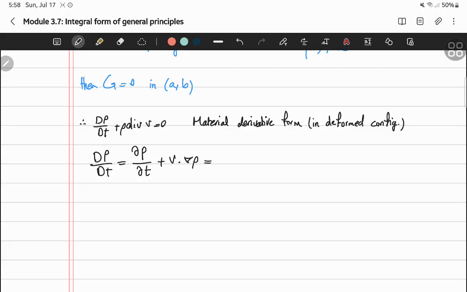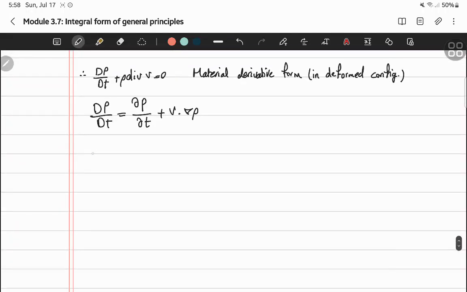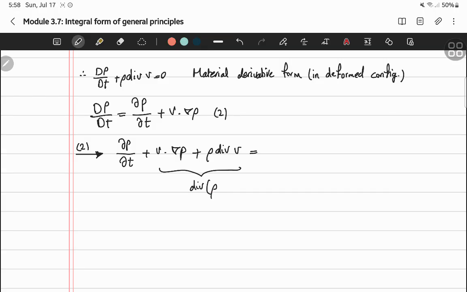So if we substitute this in equation 2, we get the partial derivative of rho with respect to t plus v dot del rho plus rho divergence of v, and this is basically the divergence of rho v.